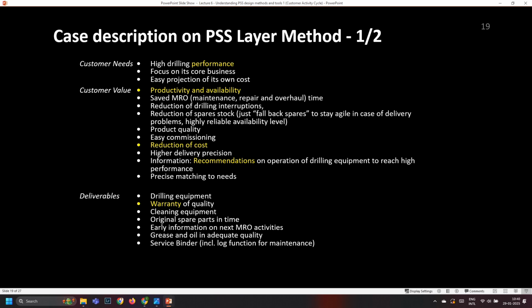So customer needs could be high drilling performance, and also they want to focus on their core business, and also they have a need for easier projection of their own cost for using the drilling machine.